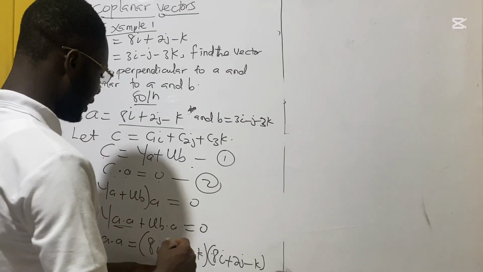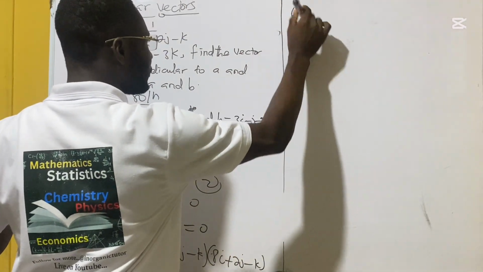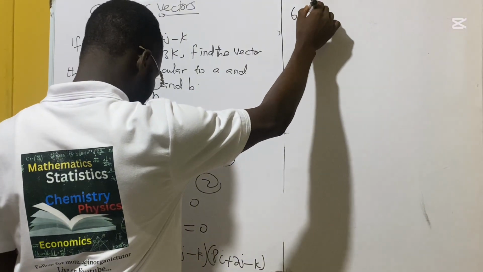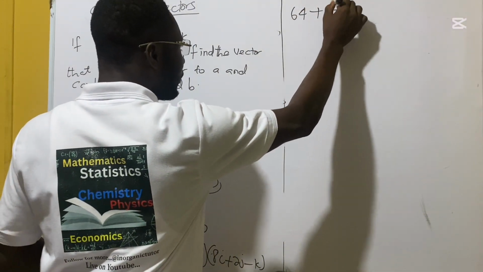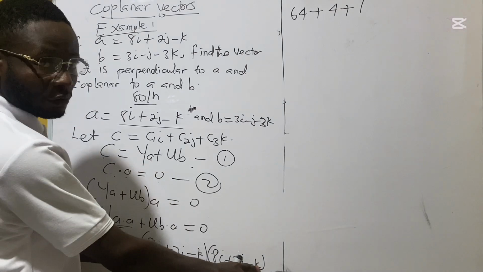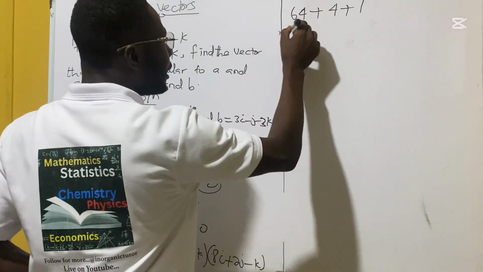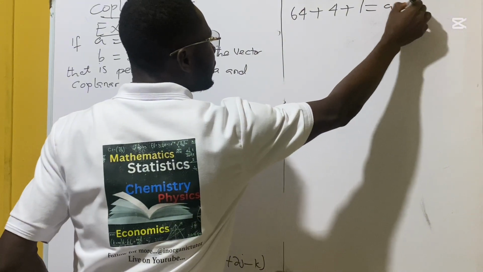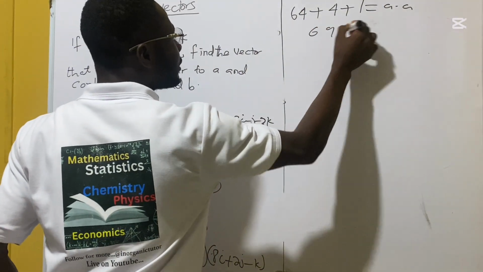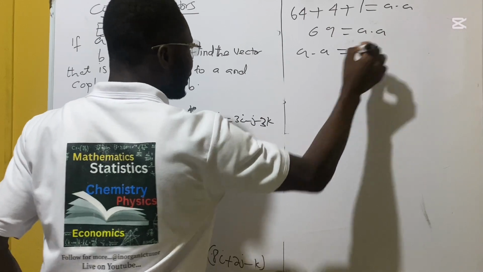So we have 64 plus 4, minus 1 times minus 1 becomes positive 1. So we have A dot A to be 69.